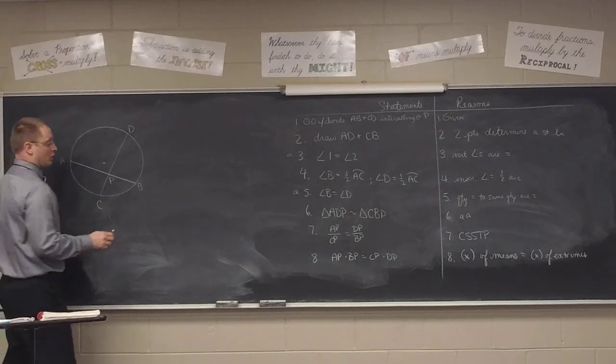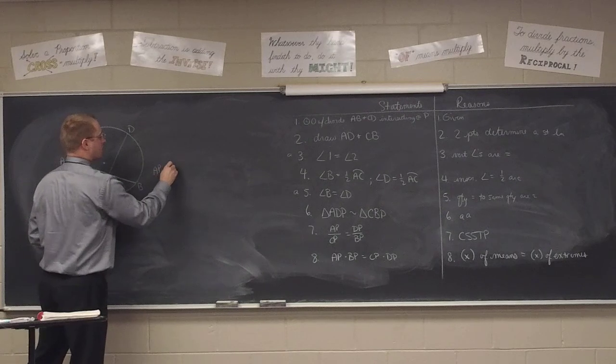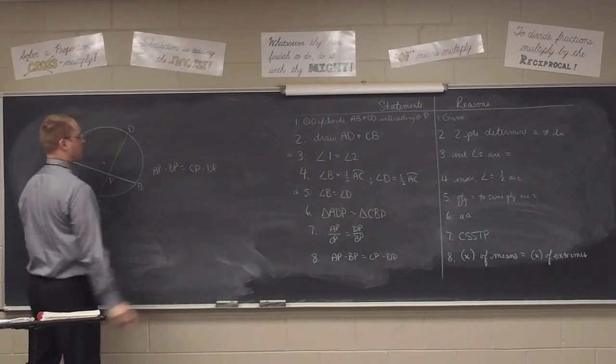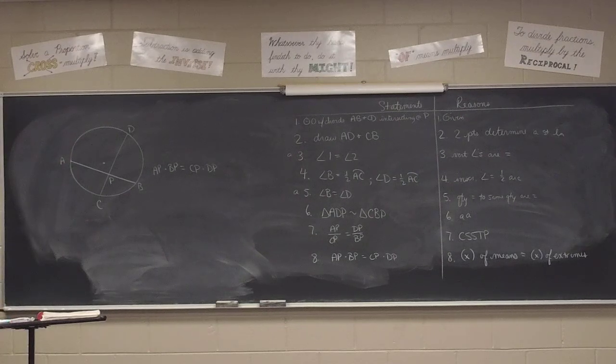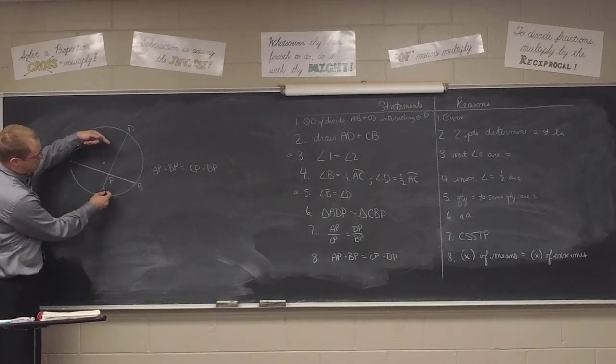For these intersecting chords, anytime you see intersecting chords, you know that product of segments equals product of segments. That is, AP times BP equals CP times DP. We'll get that down on that pictures and proportions page. The product of these 2 pieces equals the product of these 2 pieces.